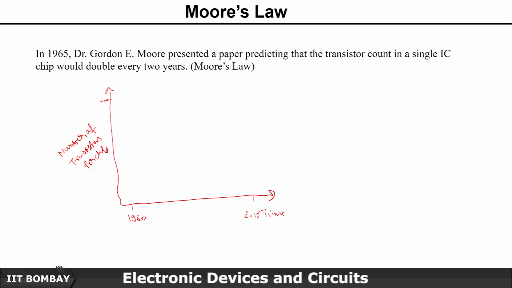Starting from a very few number, it has reached the million level, and it has already crossed a million. So let's say this is 1 billion transistors on a chip. You can see how much progress the semiconductor industry has made.